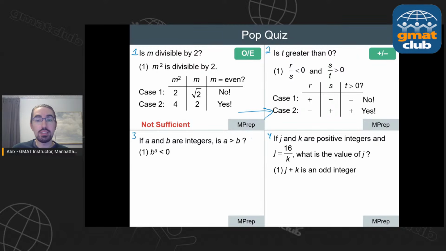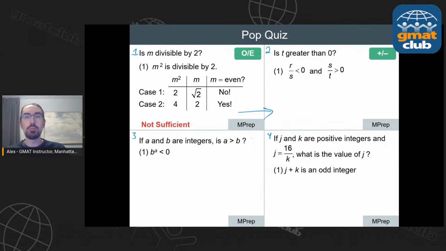So we have 2 different cases that both work, and one's a no and one's a yes, making this not sufficient. But again, you can look at this original question and see we're dealing with positives and negatives. What do I know about R over S if it's less than 0?